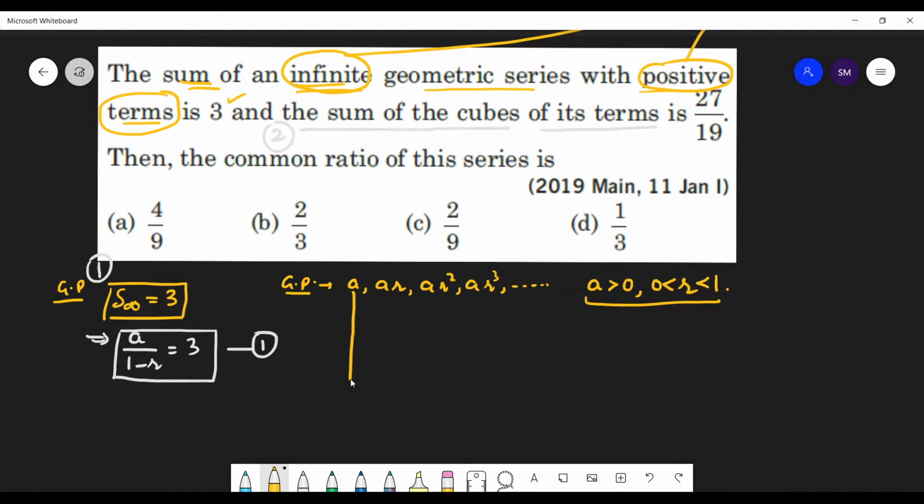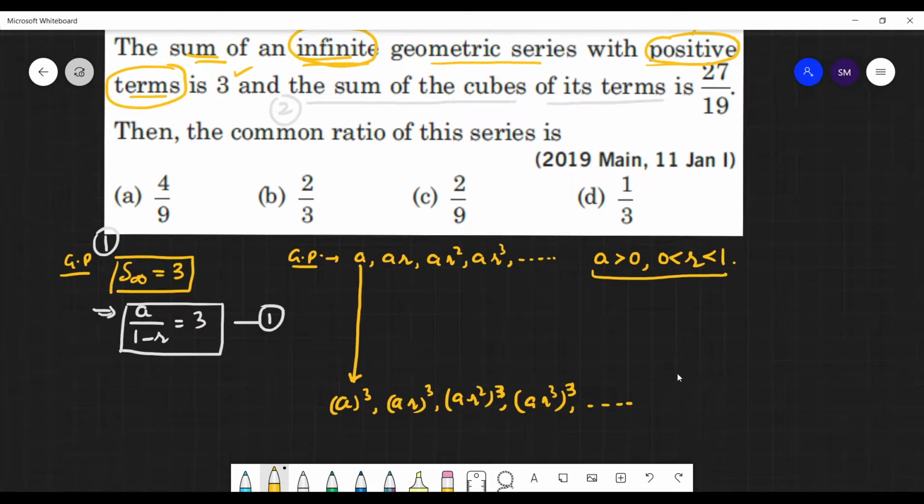Cubes of these terms, students. So do the cubes of these terms. Okay. Is this clear to everyone? Yes, sir. So cubing all the terms, you get new GP.